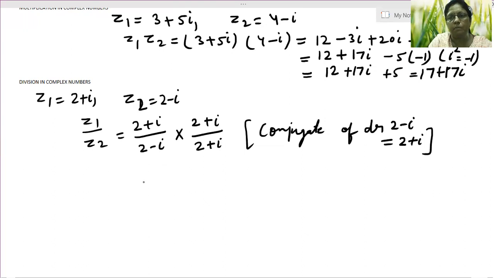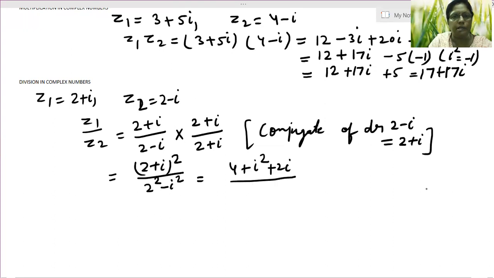So now it is, you can say, (2 plus i) whole square and upon a plus b, a minus b, this is 2 square minus i square. So 4, apply the identity, 4 plus i square plus 2i, and niche 4, i square is minus 1. So this is 4 minus 1 plus 2i upon 5.